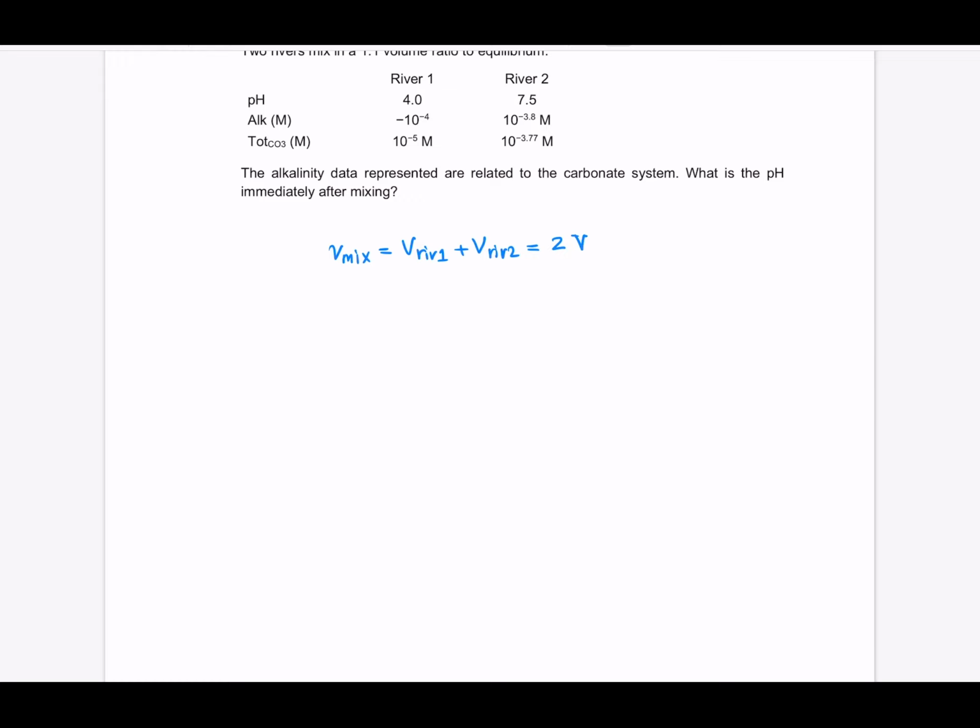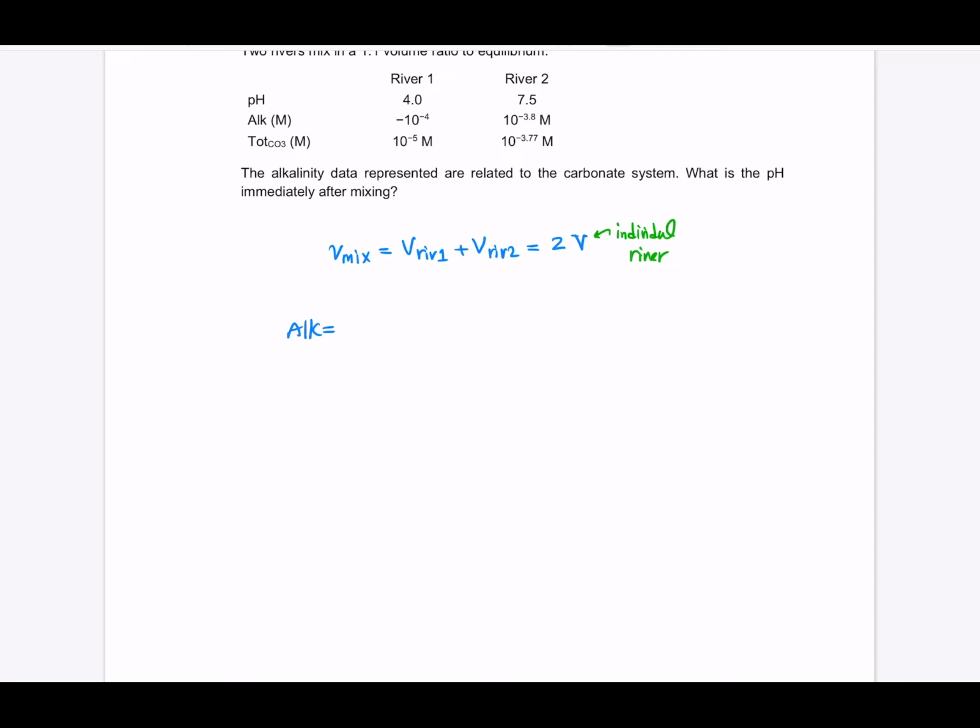of individual rivers. They're equal, so it makes it a little bit simpler.